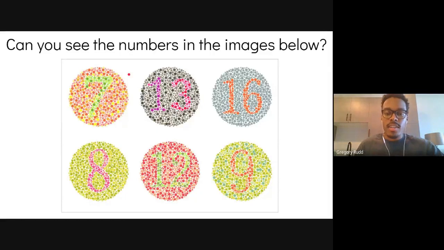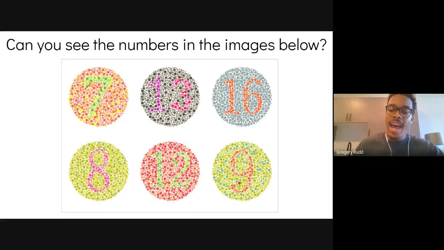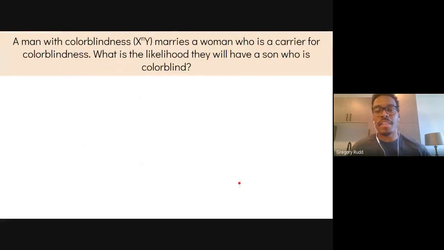But if you can see these colors easily, if you can see this 7, you can see there's 13 here, 16, 8, 12, and 9, then you have color sight, and that's a great thing. We all like to be able to see colors.